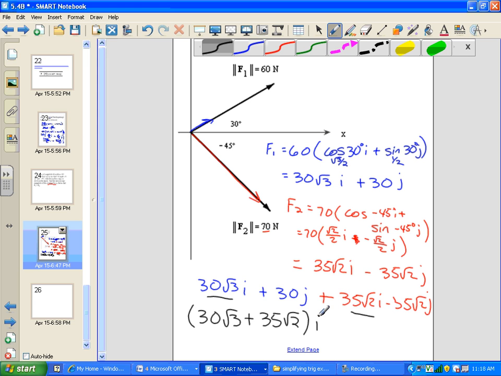Now, plus, see if you can tell me how we would write the j component. Do I need parentheses? Yeah, parentheses. 30 minus 35 square root of 2, close parentheses, times j. So that's the vector that's the resultant of those two forces.